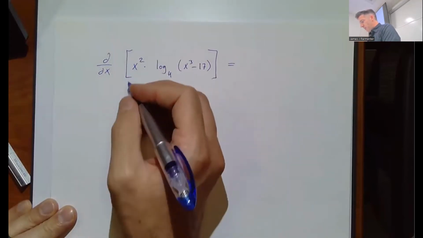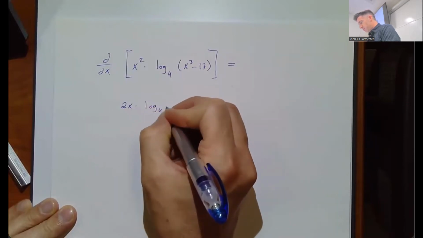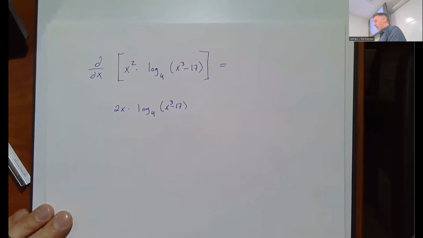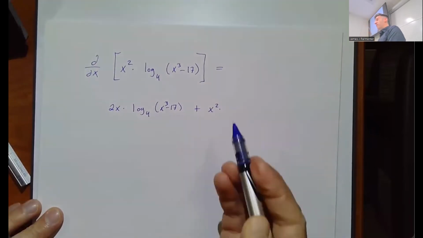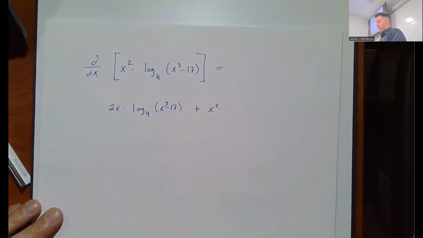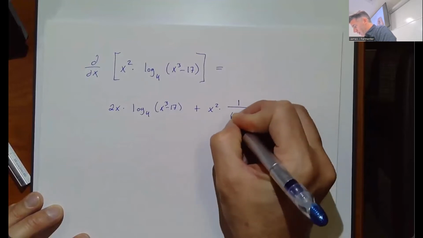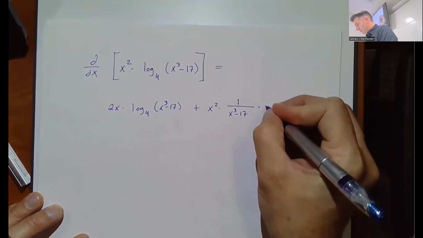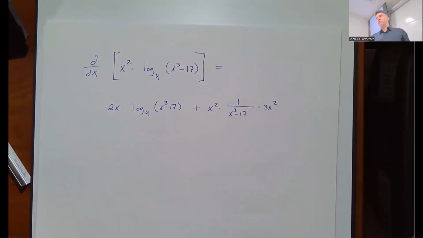So the derivative of the first part is going to be 2x. Leave the other part alone. That's the easy part. And then we're going to switch it up. We're going to have x squared times the derivative of log base 4 of some stuff. So that's going to be 1 over the stuff times the derivative of the stuff, which is 3x squared. And then we also need to divide by a natural log of 4.